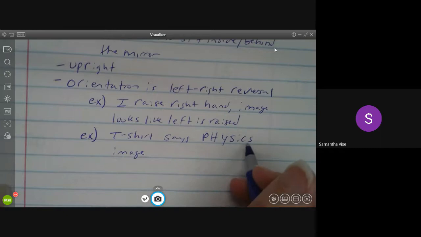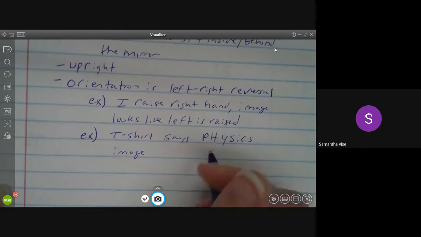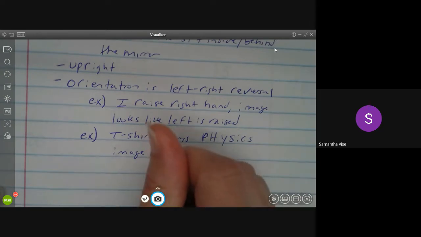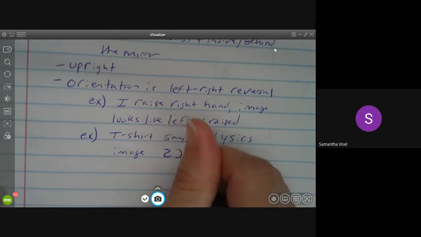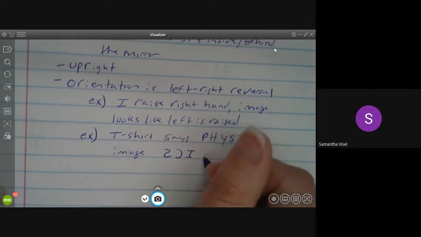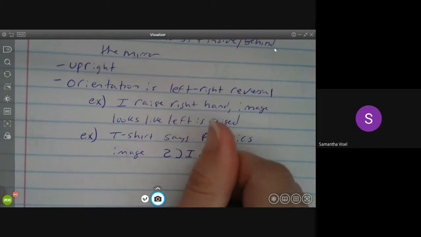So the letters will still be in the same order, but going from left to right, it'll be flip-flopped. Your physics now will have your letters going the other way, and you'd be reading it then in the other direction.